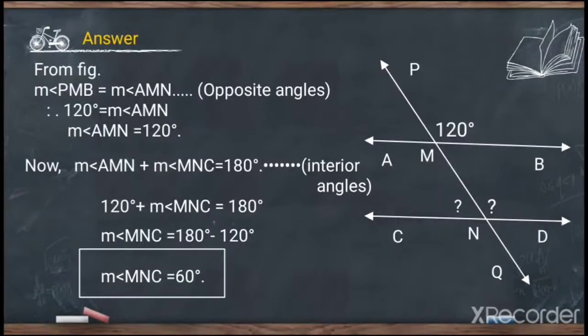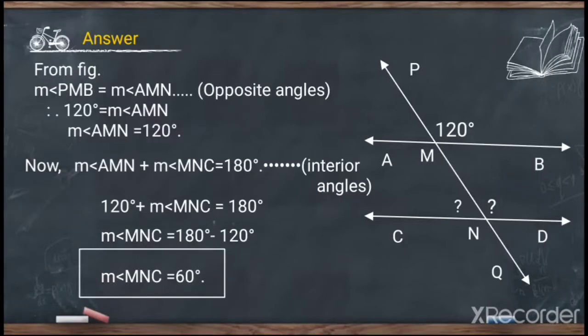Now, to find the first question mark, that is angle MNC, here I am using this AMN. Both angles are interior angles formed by two parallel lines and one transversal. Therefore, both are supplementary angles. Their addition is 180 degrees.